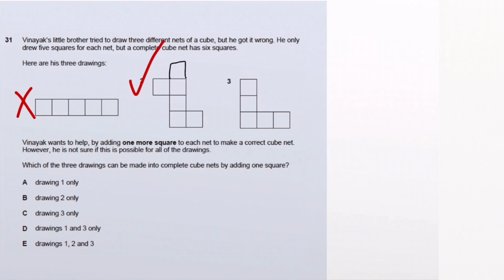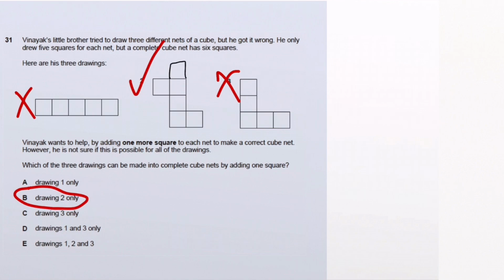So 2 is correct. With 3, similar to the first problem, this square and this square would actually overlap if you try to create a net. So 3 is wrong, which leaves only drawing 2, a true cube net, where a 6th square can be added for a cube to be formed.